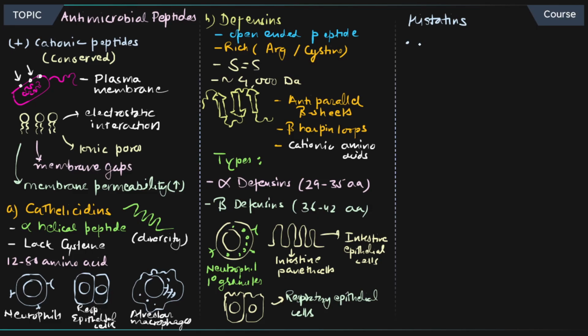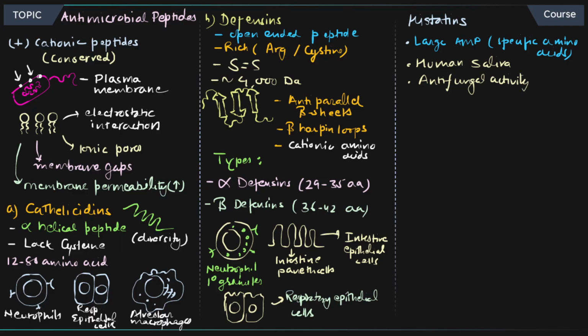Now let's talk about histatins, another antimicrobial peptide. They are composed of specific amino acids, and they can be found in human saliva. They have antifungal activity, and they are around 24 to 28 amino acids long. They are usually histidine-rich molecules.